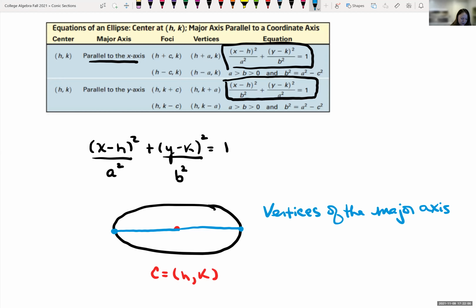So if that length is 2a, we're going to go over a length of a to the right, and we're going to subtract a to get to that point on the left. Well, if I add or subtract a, and I'm moving along parallel with the x-axis, that's going to affect my x value. So to get my vertices, I'm either going to add or subtract a from the h value of my center. So my vertices would be (h minus a, k), with y staying the same, and (h plus a, k).